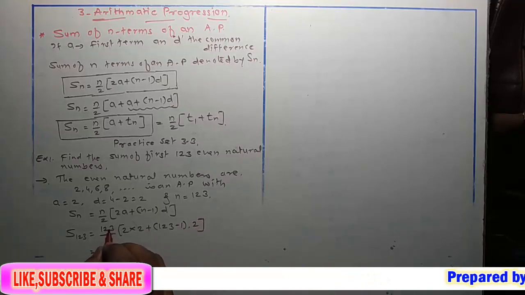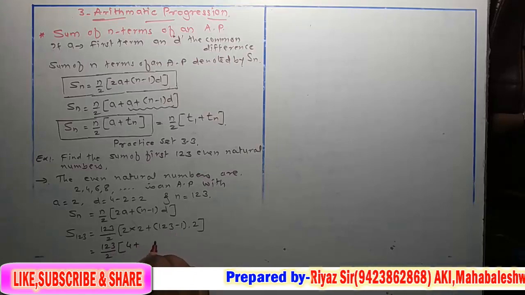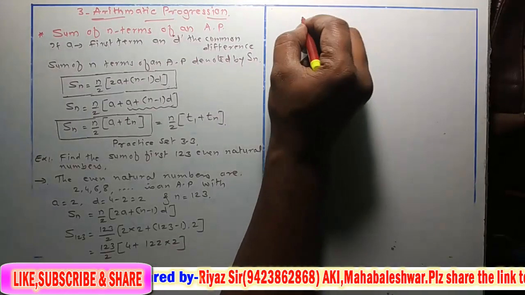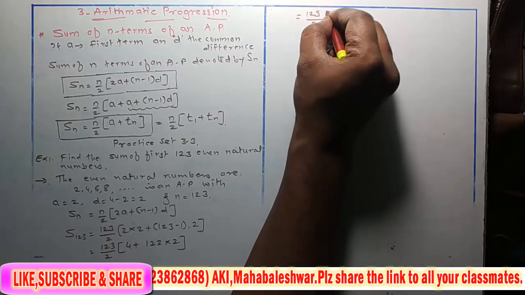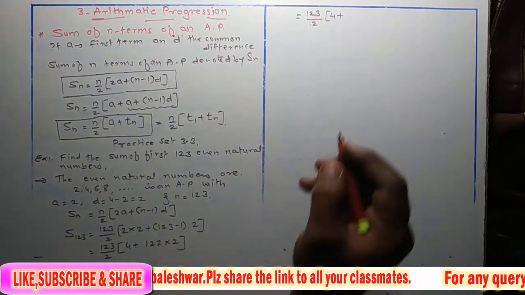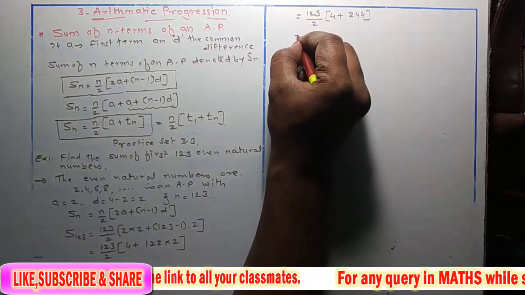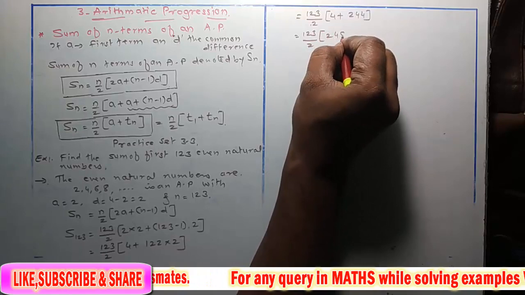Now this 123 is not divisible by 2, so we keep it as it is: 123 upon 2 into bracket 2 twos are 4 plus 123 minus 1, it will be 122, into 2. That is equal to 123 upon 2 into bracket 4 plus, now 122 into 2 is nothing but 244, that is equal to 123 upon 2 into bracket 248.